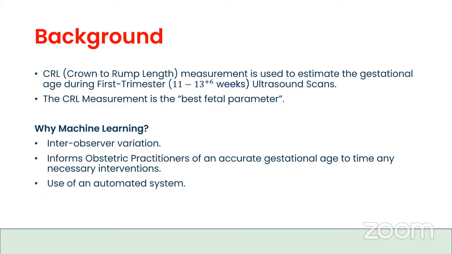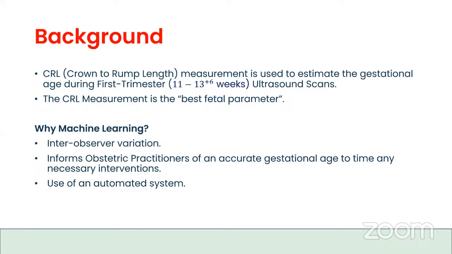The first trimester ultrasound scan is the earliest time that the gestational age can be estimated and is highly accurate and has been called the best fetal parameter. The gestational age is important to estimate the age of the pregnancy and the CRL measurement. The CRL measurement is the crown to rump length, and that's what's used for the measurement.